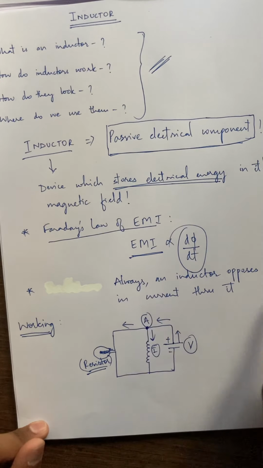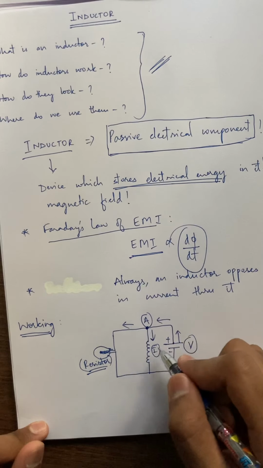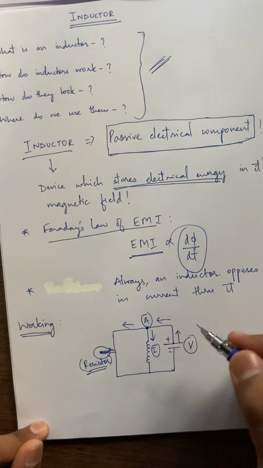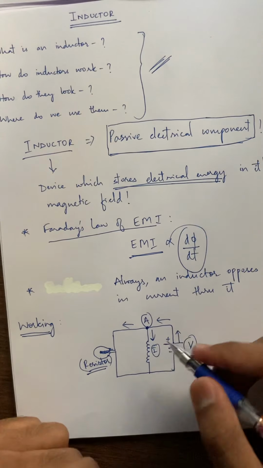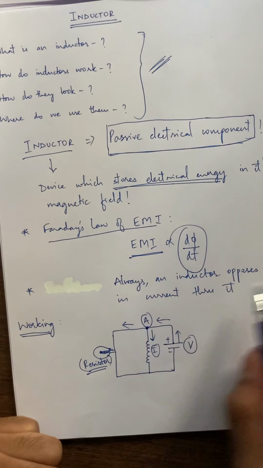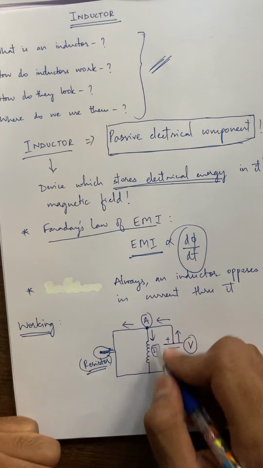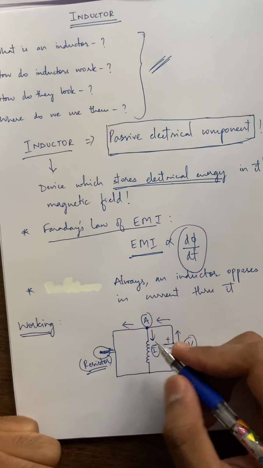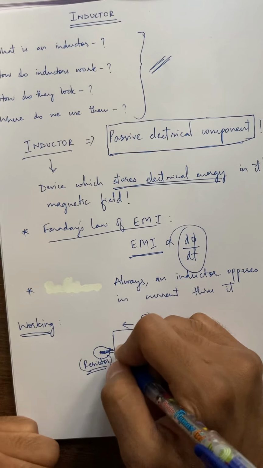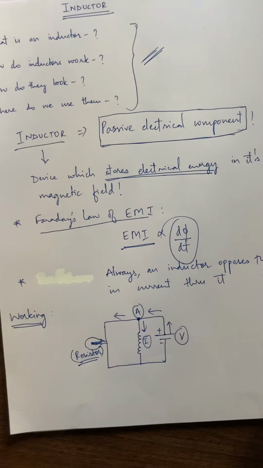Always, an inductor opposes the change in current through it. Initially, when the circuit is not closed or when the battery isn't on yet, there is no current in the inductor. So going by this law, there will be no current flowing through the inductor. Therefore, the current will not flow through this part and will flow directly through the bulb or the resistor, right?